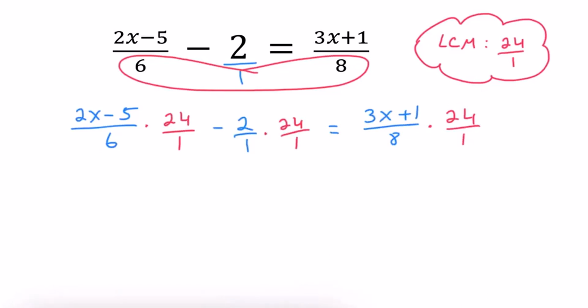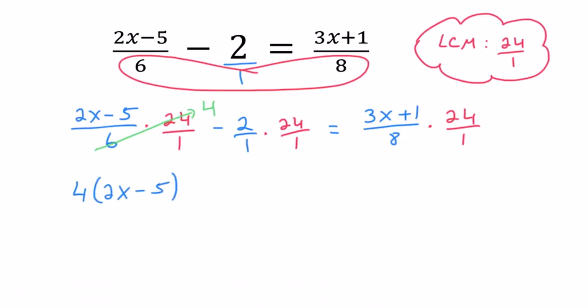Simplify it. 6 goes into 24 4 times. So we have 4 times 2x minus 5. And again, make sure we have the parentheses around 2x minus 5. And then we have negative 2 over 1 times 24 over 1, nothing to cancel out.